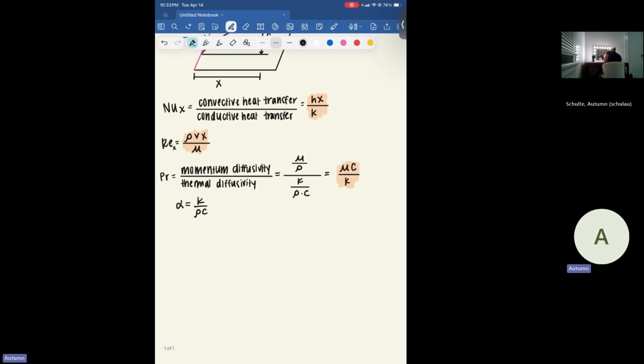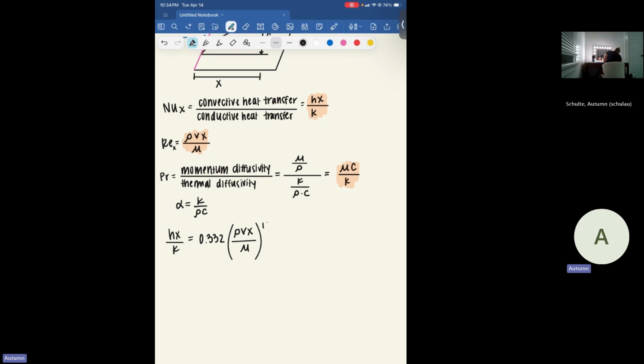So our Nusselt number is our heat transfer coefficient multiplied by the length of our plate divided by thermal conductivity. This is equal to 0.332 multiplied by our Reynolds number in the x direction, which we said was the density times the velocity times x, our length, divided by our viscosity mu.